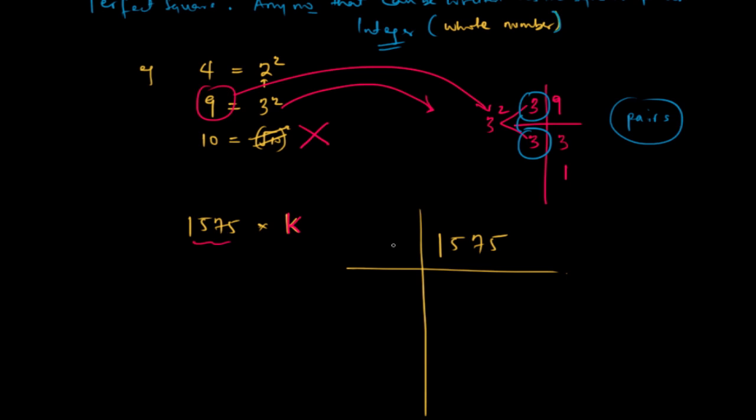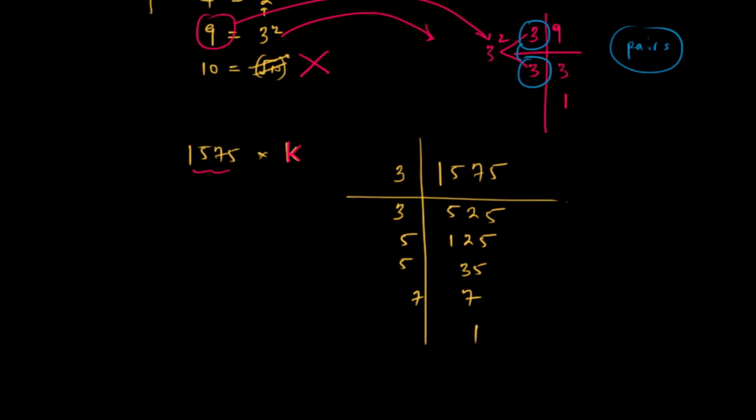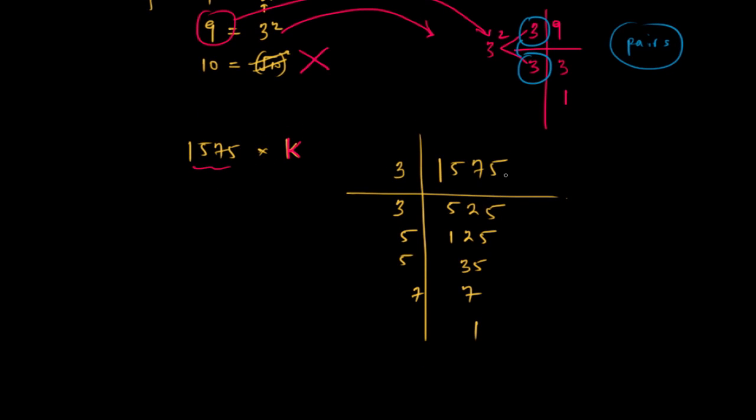You would normally start with the lowest number, which is 2, but since this is not an even number, I'm going to start with 3. 1575 is divisible by 3, and dividing gives 525. 3 is also divisible again, giving 175. Then 5 goes, giving 35, and 5 still goes, giving 7, and then 7 gives 1.